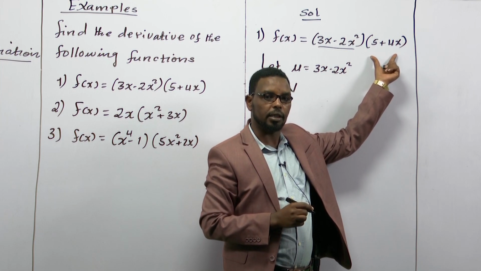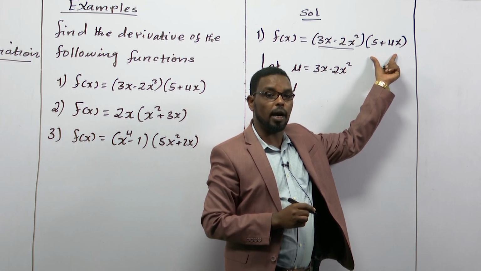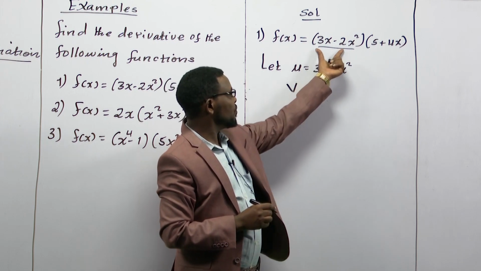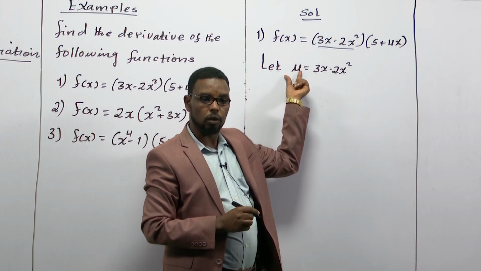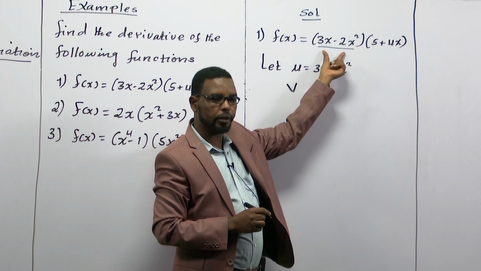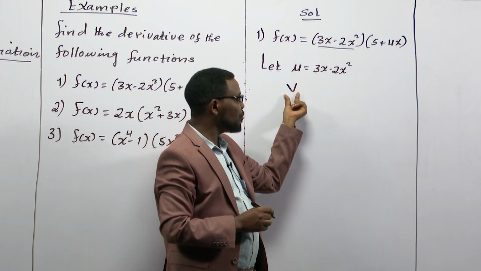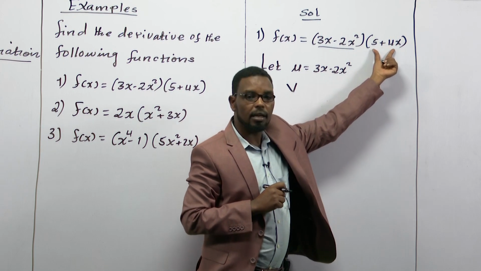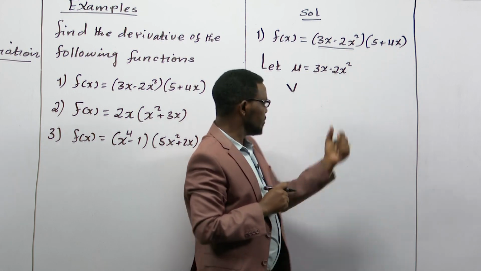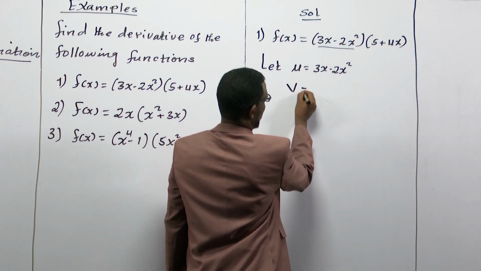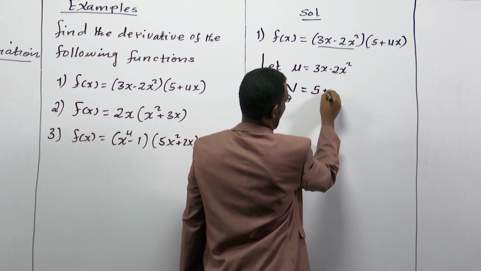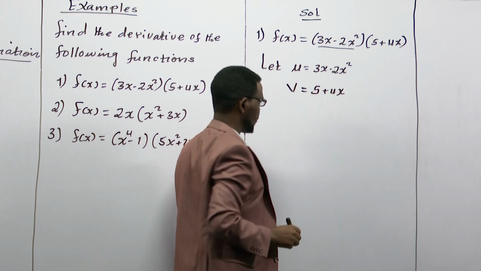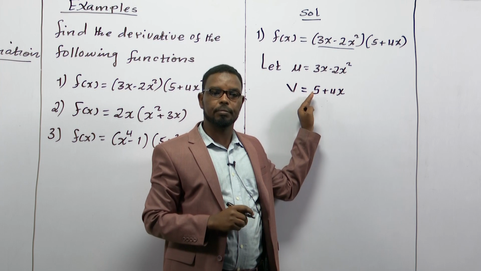We assume that u is equal to the first function and phi is equal to the second function. v is equal to 5 plus 4x. That is the first step.